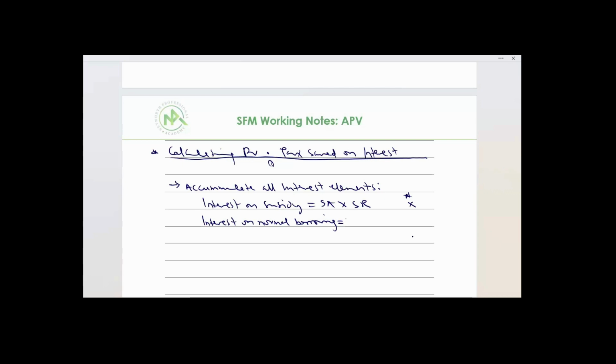So whatever it is, you multiply, then you add. Normal borrowing, multiplied by normal borrowing rates.